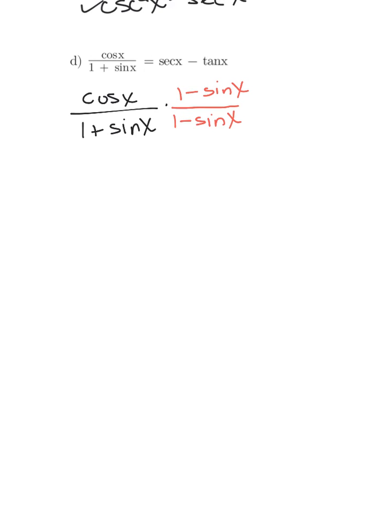This means that we are taking the fraction times 1, so we are going to make it look different, but we're not changing the value of it. So we're not going to do anything to that numerator except just write it as cosine of x times the quantity of 1 minus sine x.